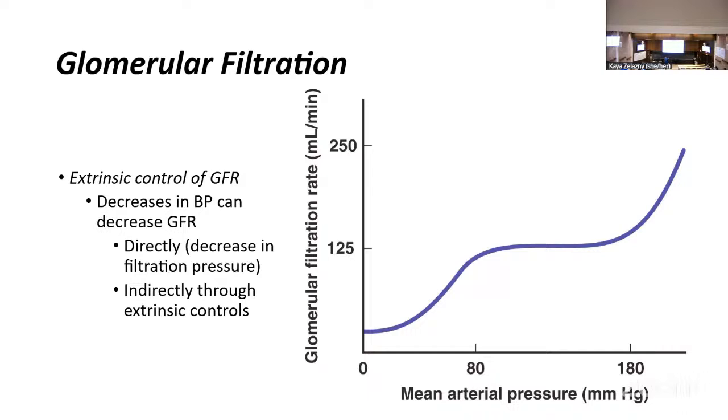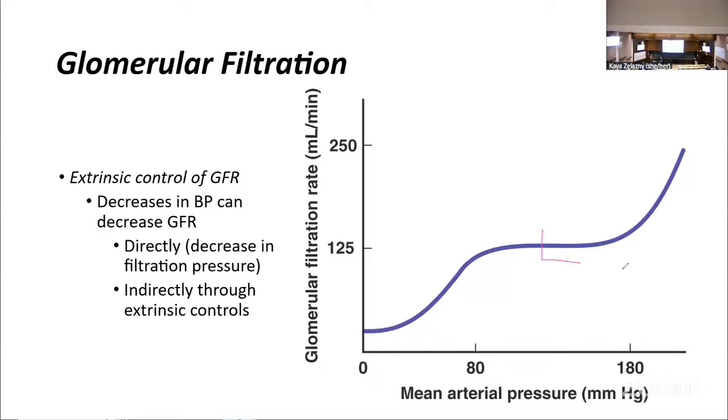Okay, so we can see those same extrinsic controls having an effect on our glomerular filtration as well. Those three factors are mostly dealing with what happens if we see glomerular filtration rate go up. When we're thinking about glomerular filtration going down, we might be thinking about some of those extrinsic controls that have to do with regulating your blood pressure more generally.